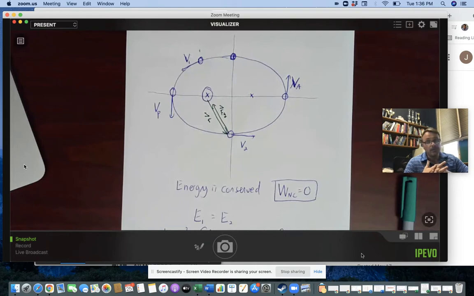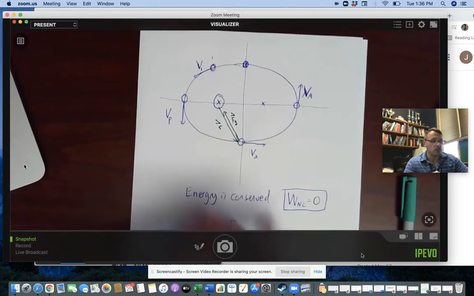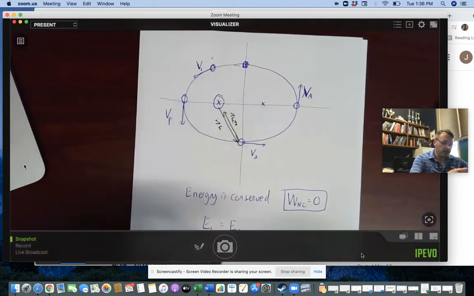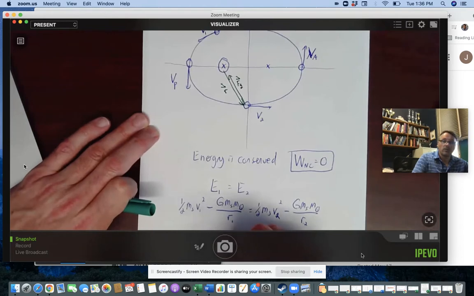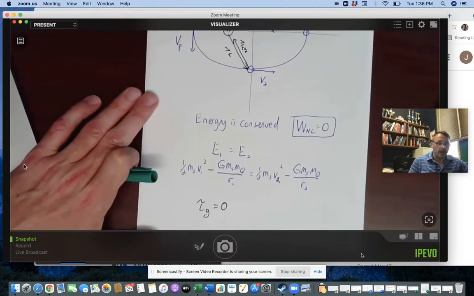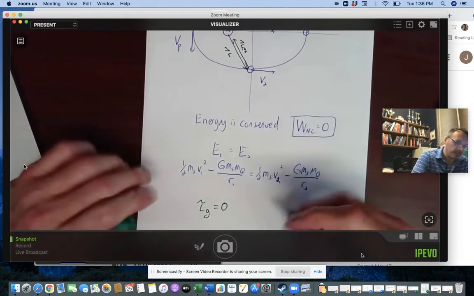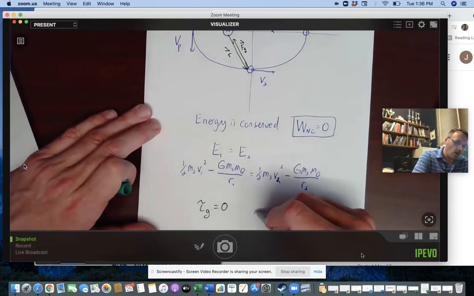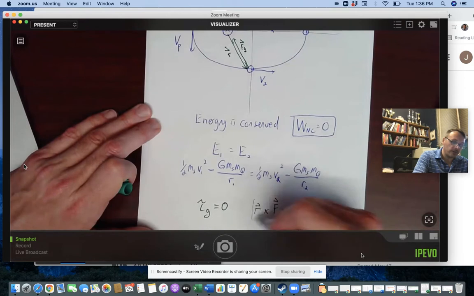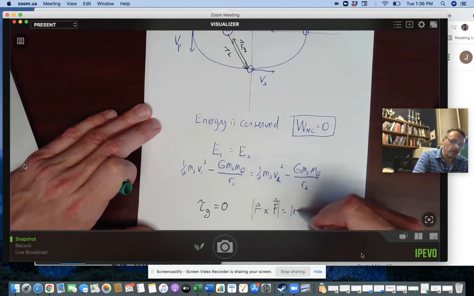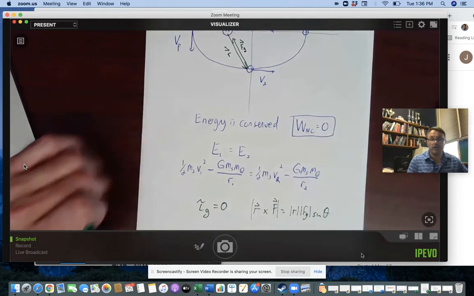That consequence is that the force of gravity vector is not causing a torque on this. So the torque due to gravity here is equal to 0 throughout this, because torque, if you remember, is R cross F, or the magnitude of this is equal to the magnitude of R, the magnitude of Fg, times the sine of the angle between them when drawn concurrently.